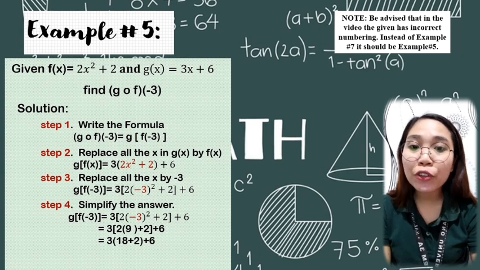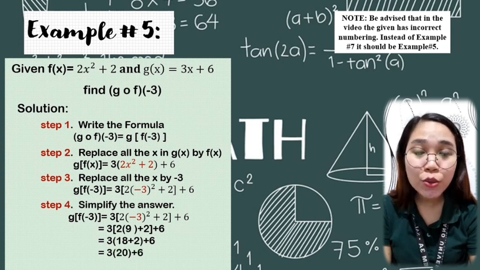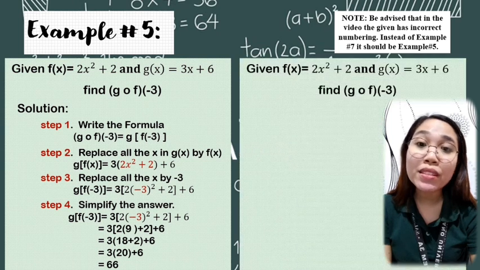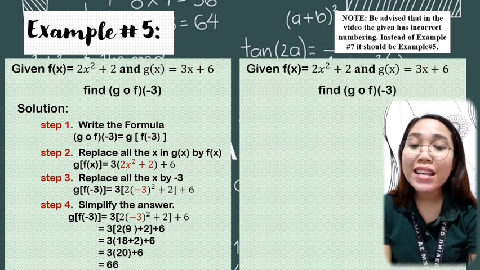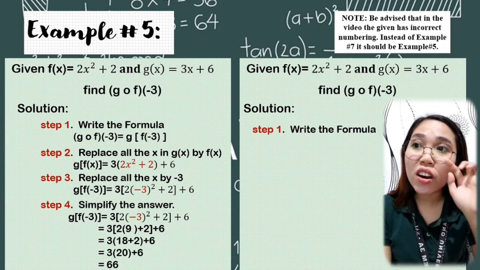After multiplying 2 times 9, we got 18, so 3 times 18 plus 2 plus 6, and we add 18 plus 2, so we got 20. So 3 times 20 plus 6, and we all know that the answer would be 66. Okay, next, alternative solution.